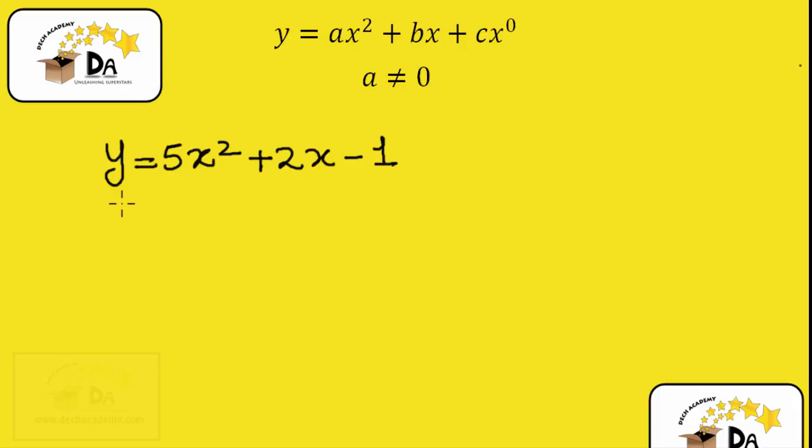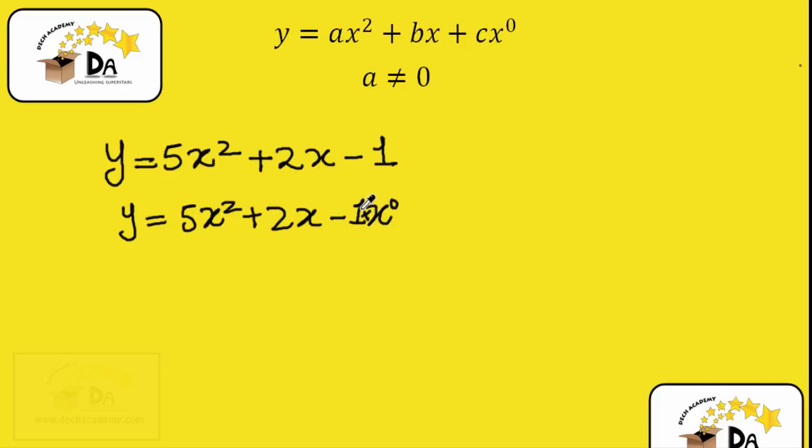So we'll just simply rewrite this equation as y equals 5x squared plus 2x minus 1x to the 0. So instead of showing the 1, you just put x to the 0. Once you have a term, you can essentially assume it's being multiplied by 1. So x to the 0 is the same thing as 1 times x to the 0.